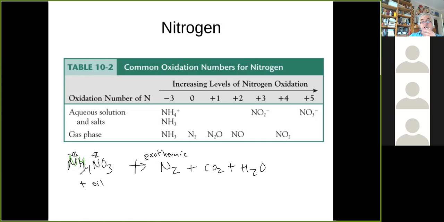Otherwise, you can try it out in the lab. If you take a spoon, for example, and a small amount of ammonium nitrate, you can ignite it, and it burns just like most organic compounds do. Well, this is not organic maybe, but it's similar to an organic compound in some respects.